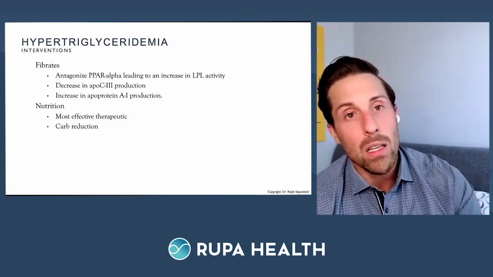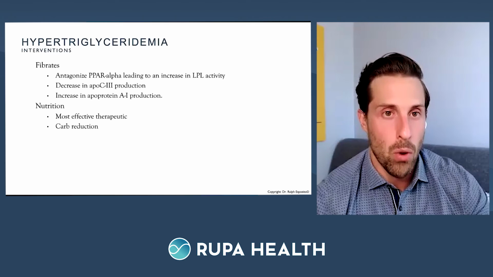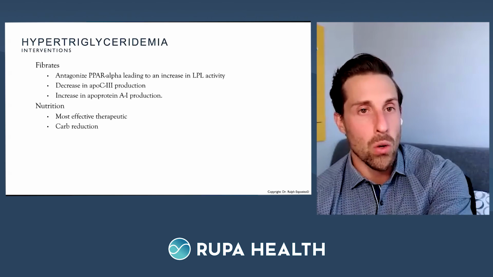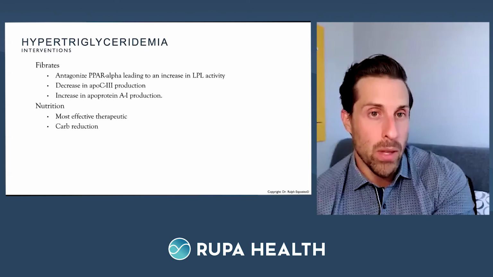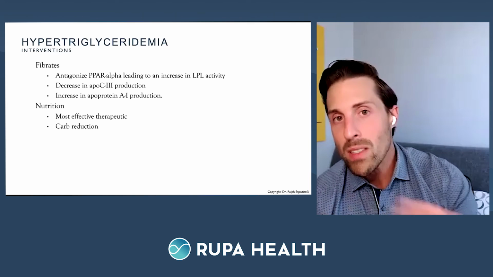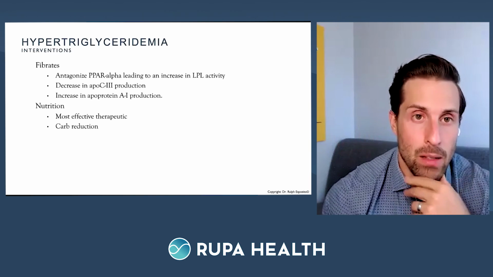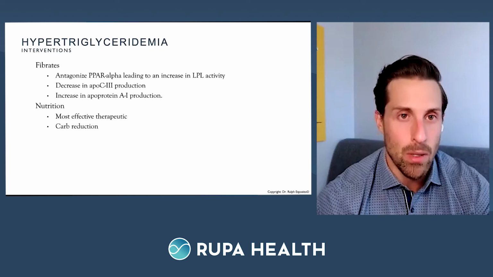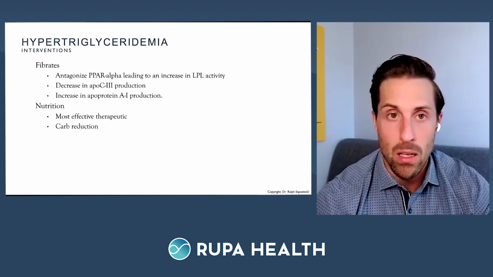So fibrates help us clear these particles better, but nutrition can also have a very good effect as well. So in the end, we want to improve LPL activity, we want to induce lipolysis. But what's the one thing that inhibits lipolysis? Insulin. Insulin levels will directly inhibit LPL on our muscle cells.